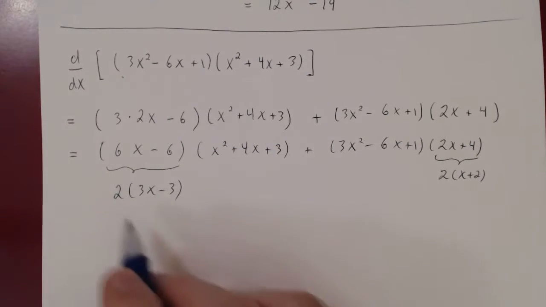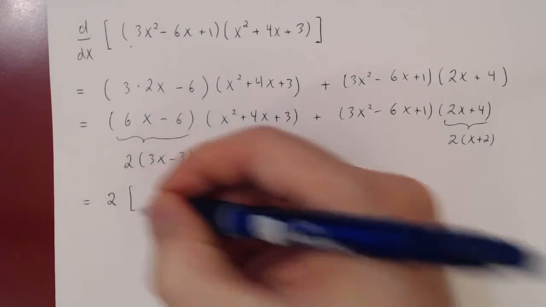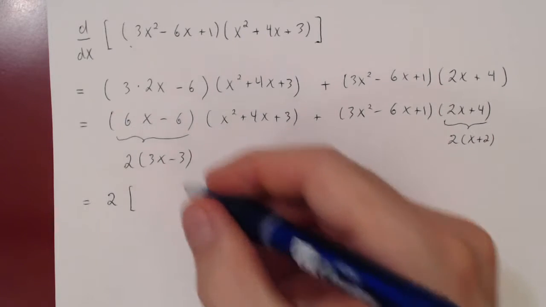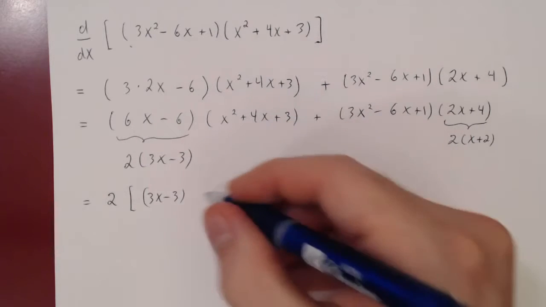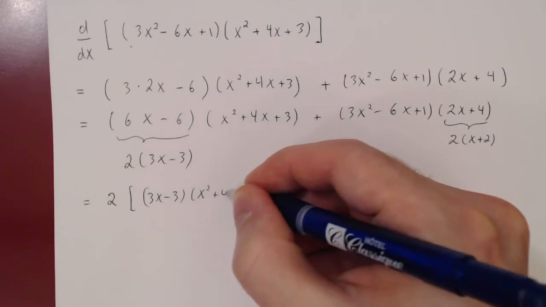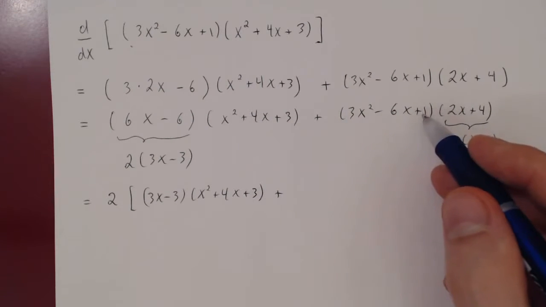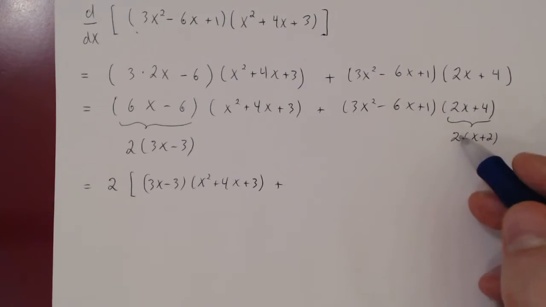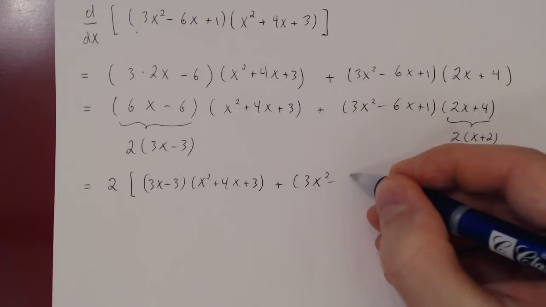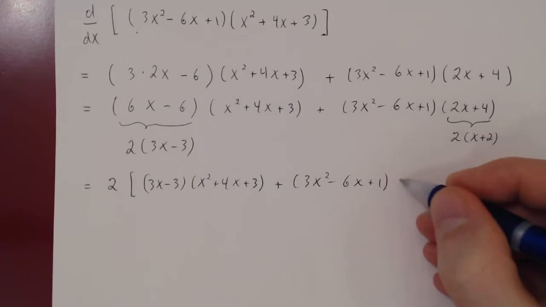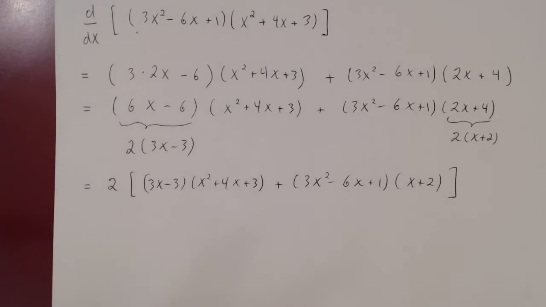So we can factor a 2 from both of these terms, and this will give us 2 times 3x minus 3 times this quadratic, x squared plus 4x plus 3, plus this quadratic times, now we've pulled the 2 out, so we're left with x plus 2. So 3x squared minus 6x plus 1 times x plus 2. And here we factored all we could.